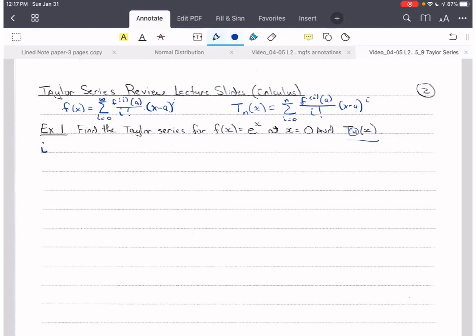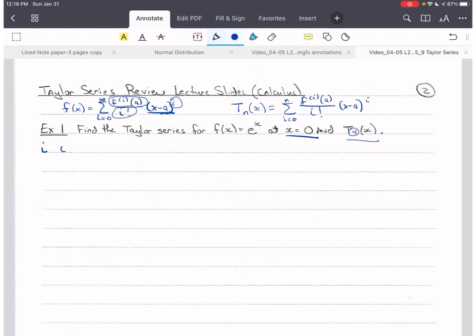Okay? So I have an i factorial, I have an a, but that's going to be given to me as 0, so I'm good there. I could put in x minus a, but since a is 0, I'm just going to put in x. So I need this term, x minus a to the ith, the ith derivative at a, and I need i factorial.